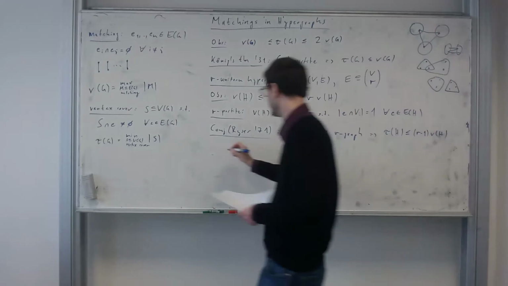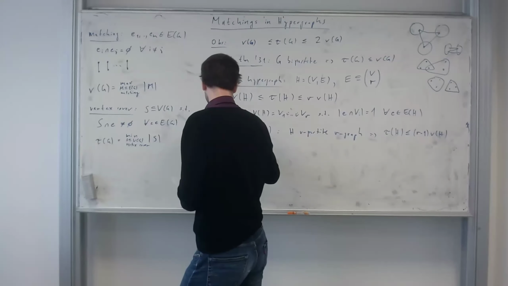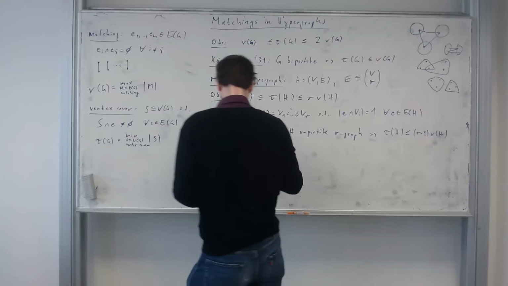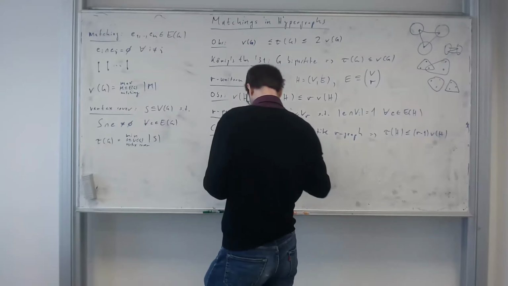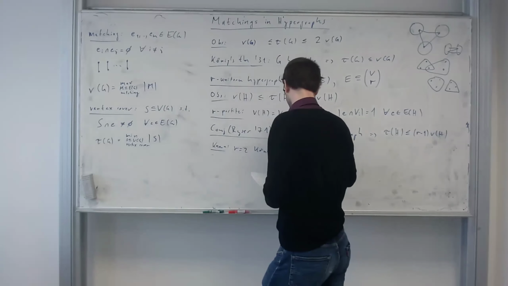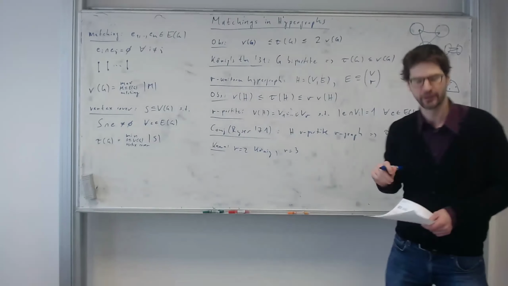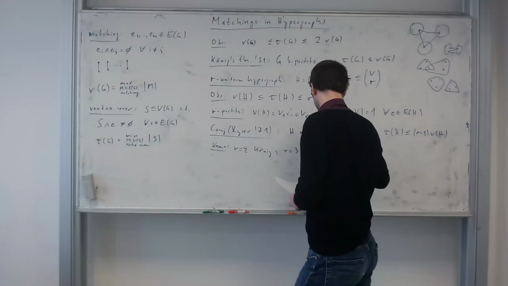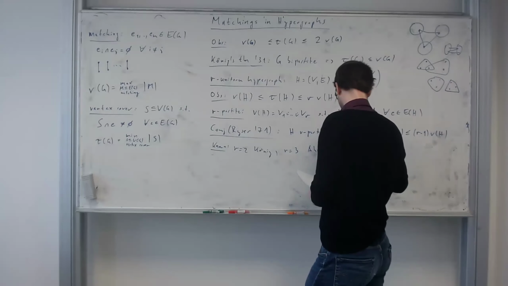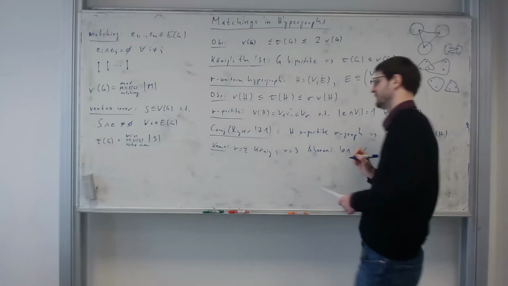So it is known for r equals 2, obviously, because this is König. And then it was also proven for r equals 3 by Aharoni in 2001. But that's it. Yeah?